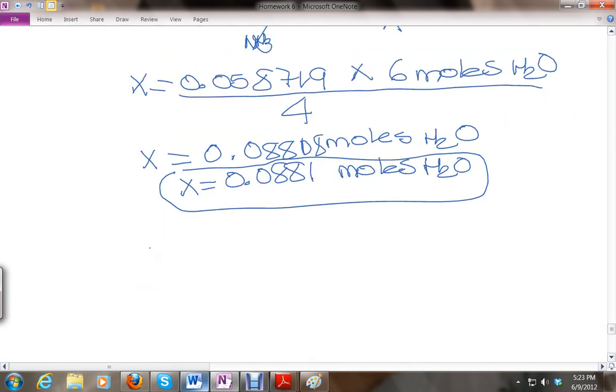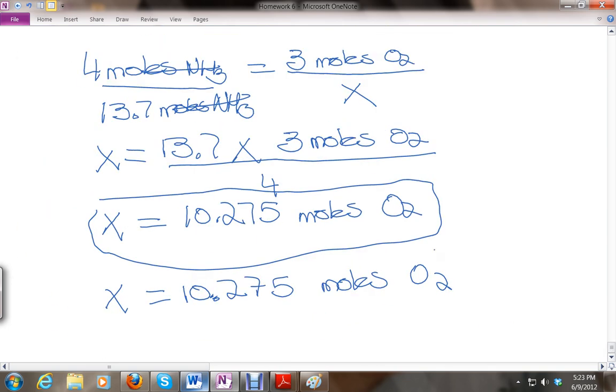So we go ahead and plug it in here, right? The grams of oxygen would be the moles times 31.9988 grams per mole, because this is the molar mass of O2, you see?